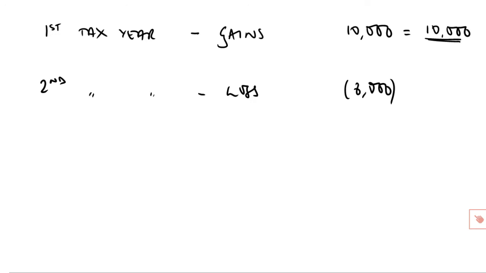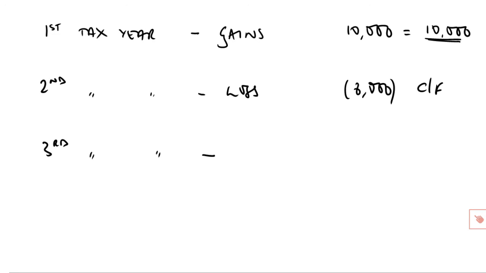But what I'll tell you here to illustrate the techniques involved is that, in fact, that is the only disposal made in the tax year. So if it's the only disposal made in the tax year, you've got a net loss for the year of 8,000. That is not wasted. It is now carried forward. It's carried forward into what for us would be the third tax year.